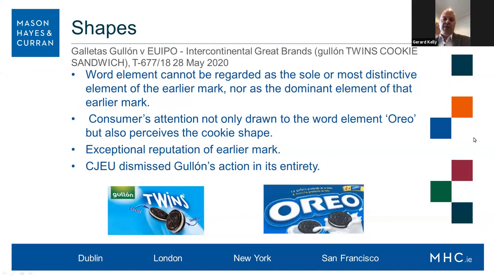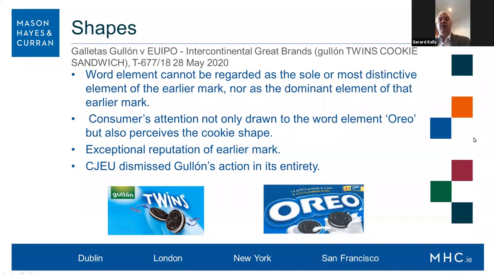It was also argued by the Spanish company that in the opposition proceedings, the Oreo cookie biscuit shape wasn't actually distinctive at all and should actually be ignored. But it was held as a matter of, I suppose, practice and procedure and law that you can't object to an earlier registered mark not being distinctive in an opposition.